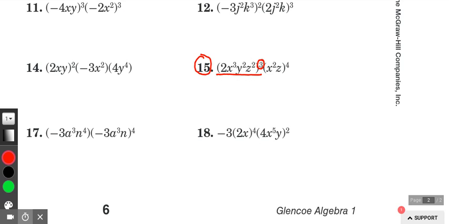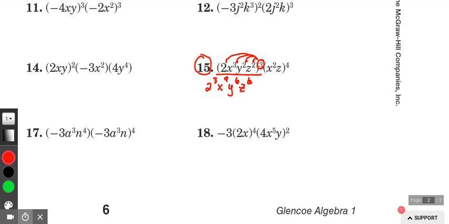So every single one of these exponents are going to get multiplied by that 3. Now, reminder, the 2 is not an exponent. I have to make it 2 to the first power. Okay, so for the base 2, 1 times 3 is 3. For the base x, 3 times 3 is 9. For the base y, 2 times 3 is 6. And for the base z, 2 times 3 is 6.